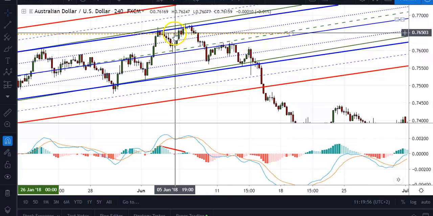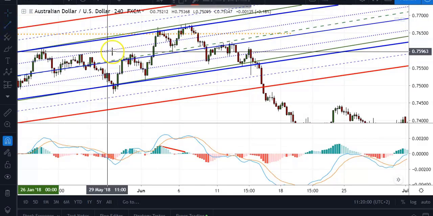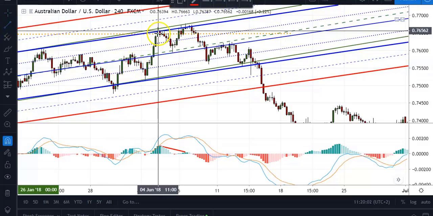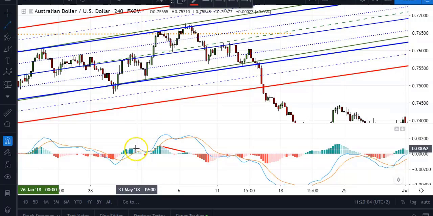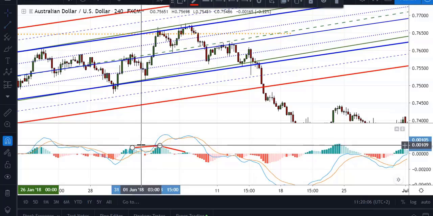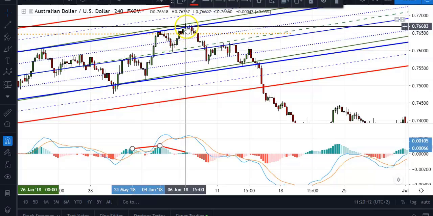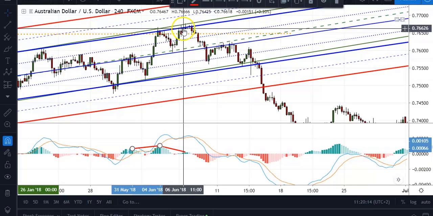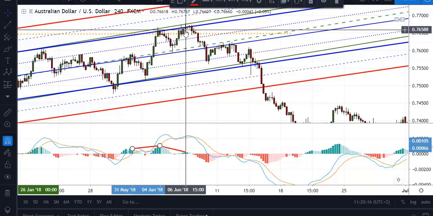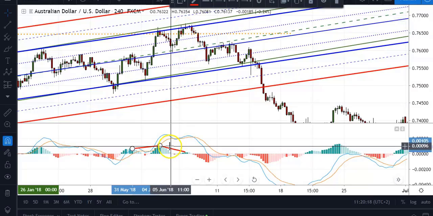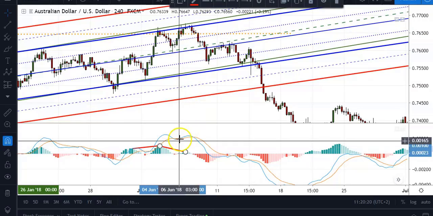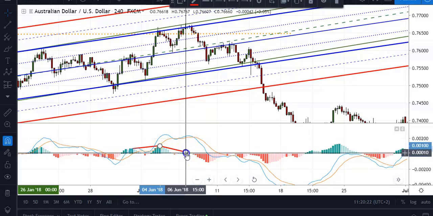In this case, my market geometry lines taken from my pitchfork. And even as price came into this high the first time, there was no momentum divergence keeping me out of this trade. But price came down again and moved upwards again, and the last time that it touched, before it reversed, it gave a beautiful hammer pattern there in conjunction with momentum divergence second time around on the 4-hour chart.